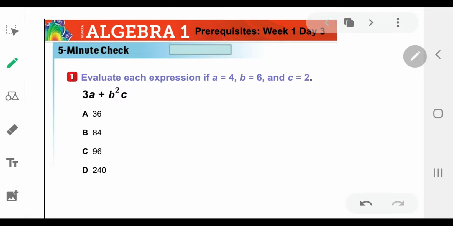It is required to evaluate each expression given that A is equal to 4, B is 6, and C is 2.